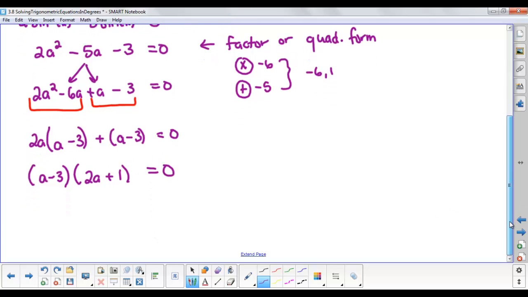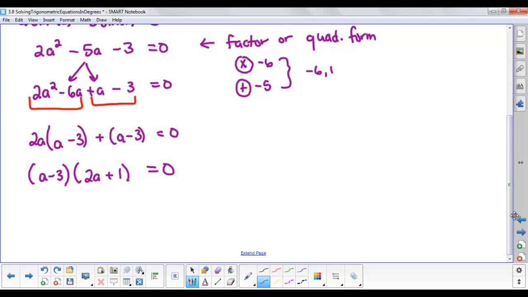Okay, now if we were to continue to solve, because we need to know what a is here, in this case, I would say a equals 3, and in the second bracket, we know that a is equal to -1/2. Okay, because you set the bracket equal to 0, move the 1 over, and divide it by 2.